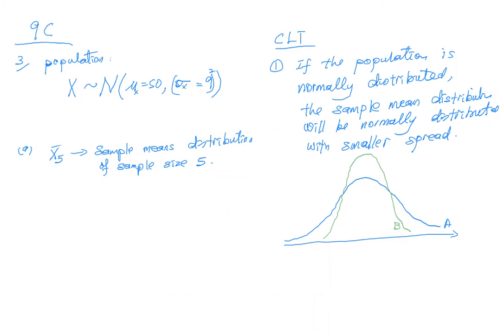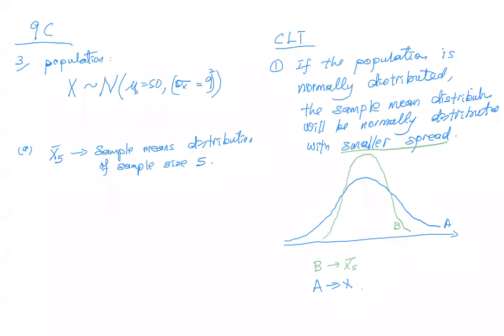X bar 5 is the green one, because it has a smaller spread. Am I right? So B is for X bar 5. A is the distribution for X.